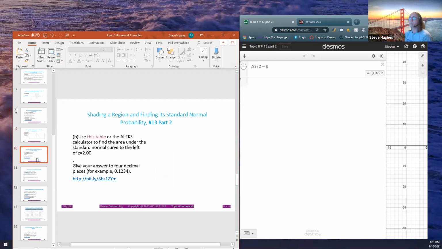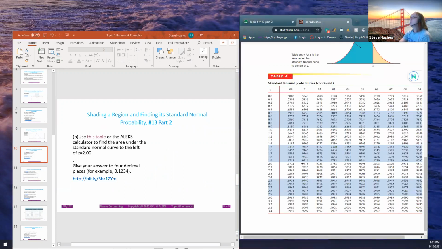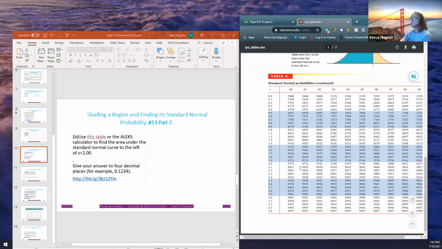It says, use this table. This isn't Alex in your homework. You can just follow the link, right? To find the area under the standard normal curve to the left of z equals 2. We could do it with our table, or we can do it with our calculator, okay? We'll just go ahead and do it with a table. Let's go ahead and pull it up. I'm going to pull it up with you guys. This is the z table, okay? And I want to find the z-score of 2.